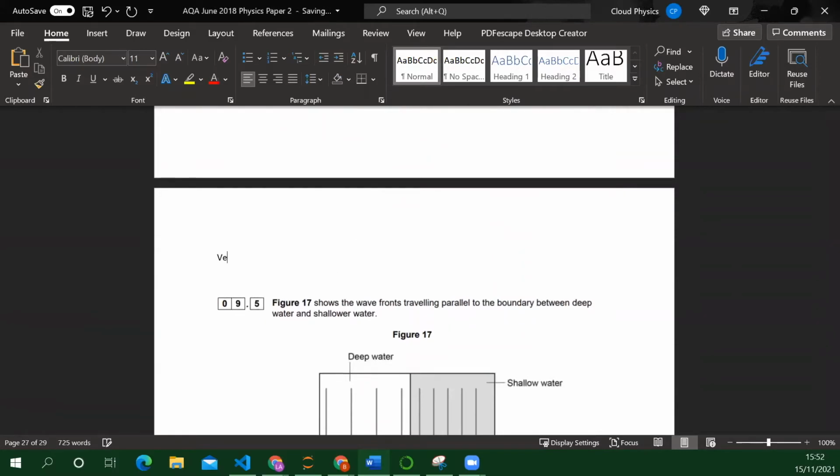So actually, the velocity of the wave is slower in the shallow water. So the wave front slows down.